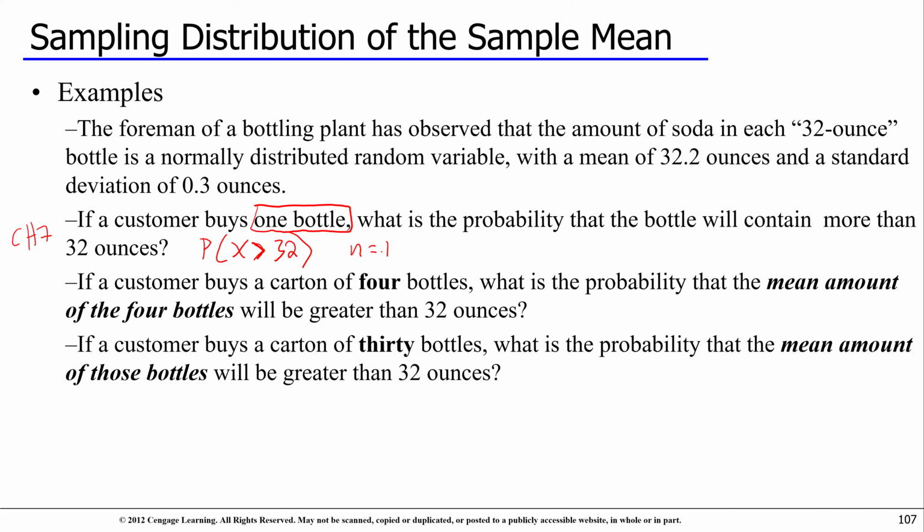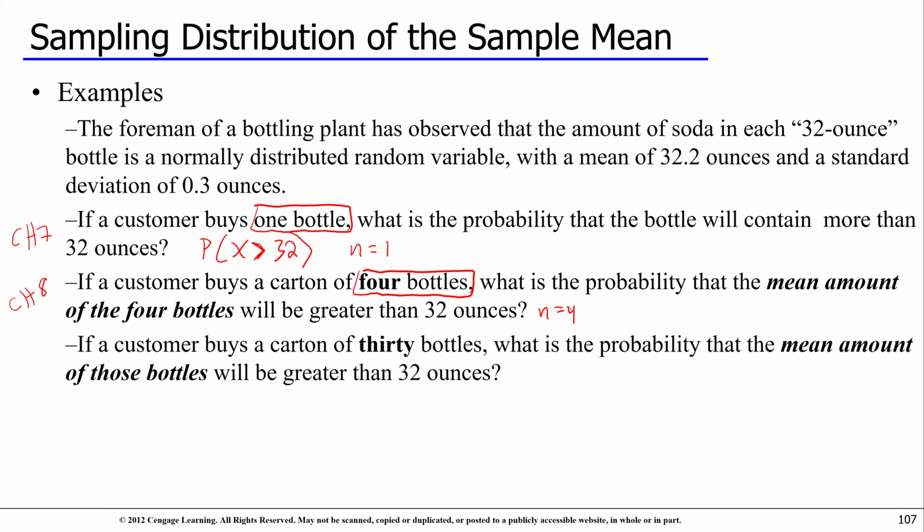If you look at the next 2 problems, you'll see stuff is bolded and italicized. If a customer buys a carton of 4 bottles, what is the probability that the mean amount of the 4 bottles will be greater than 32 ounces? What gives this away as chapter 8 and sampling distributions of sample means is that n is now 4.